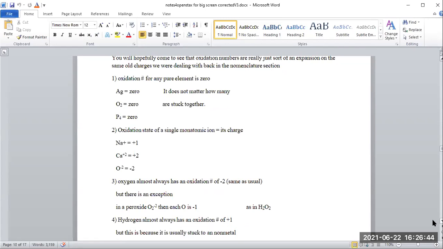Whatever the charge was is the oxidation number. Okay, that's just kind of, like I said, a rehash of what we've already done to some degree. A sodium ion, so its oxidation number is +1. Calcium ion, oxidation number of +2. Oxide ion, oxidation number of -2.